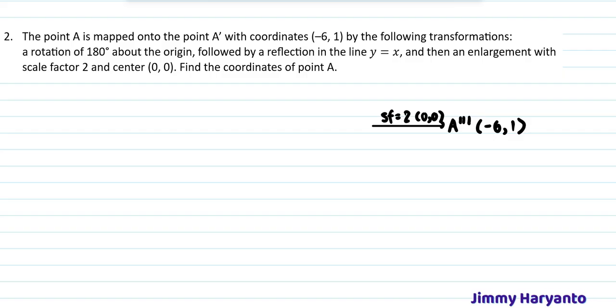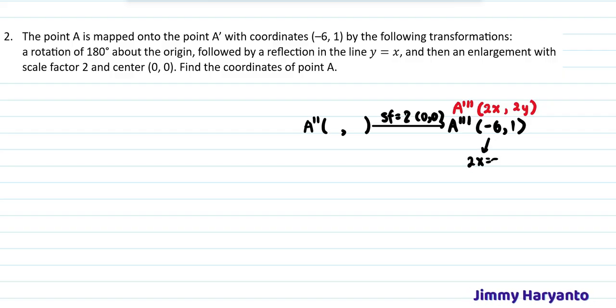Okay, using the formula, you will know that A triple prime will be kx comma ky, right? So the k is 2, that means 2x comma 2y. That means we can find the A double prime by reversing the process. So I can write it as 2x equals negative 6, and then 2y equals 1.